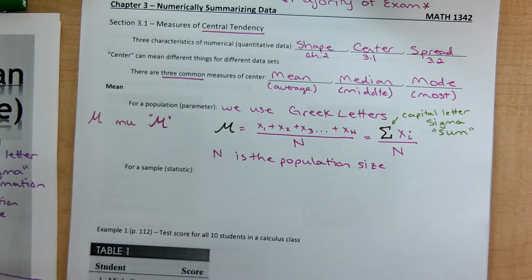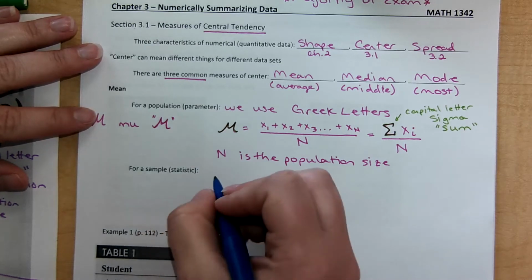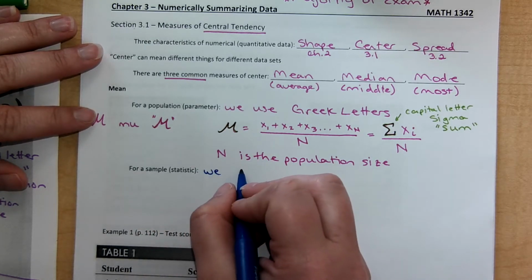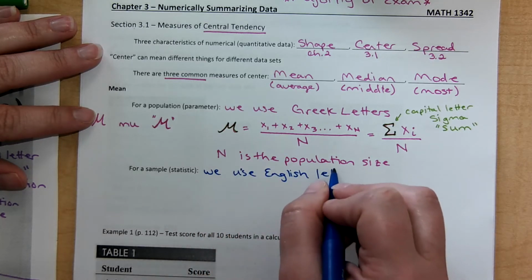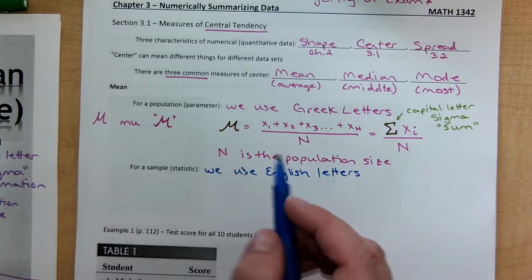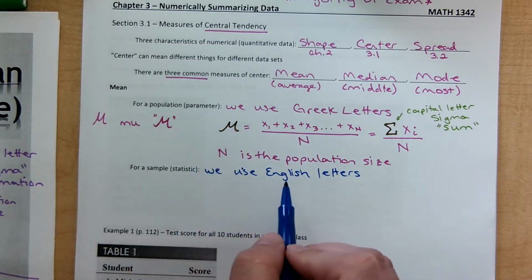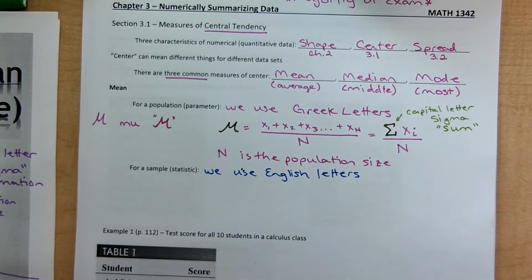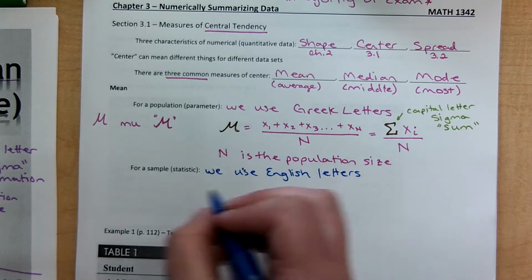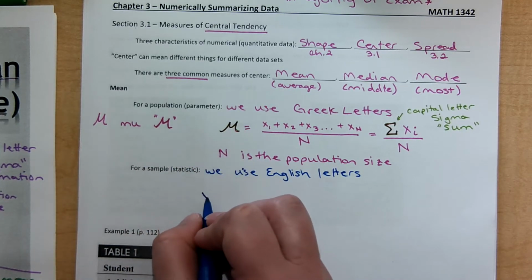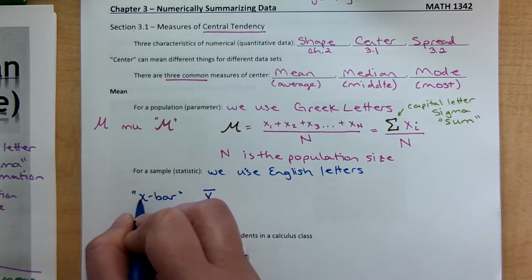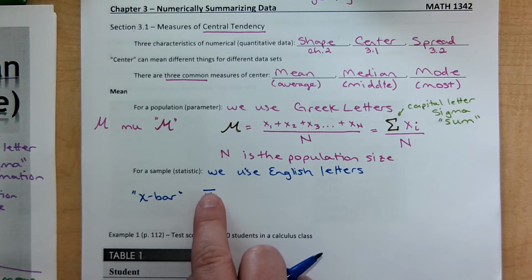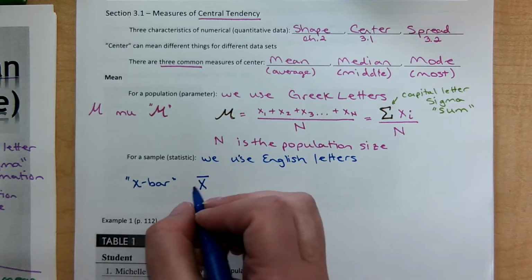It is the same process for a sample. So if we want to get a sample mean, we use English letters. So we use English letters for samples, and that's true throughout the course. So if it's a Greek letter, it's a parameter. If it's an English letter, it's a statistic. And we'll see that a few more times throughout the course. So instead of mu, we use x with a bar on top of it. And we call it x bar. So it's a lowercase letter x with a straight horizontal line on top of it called x bar.